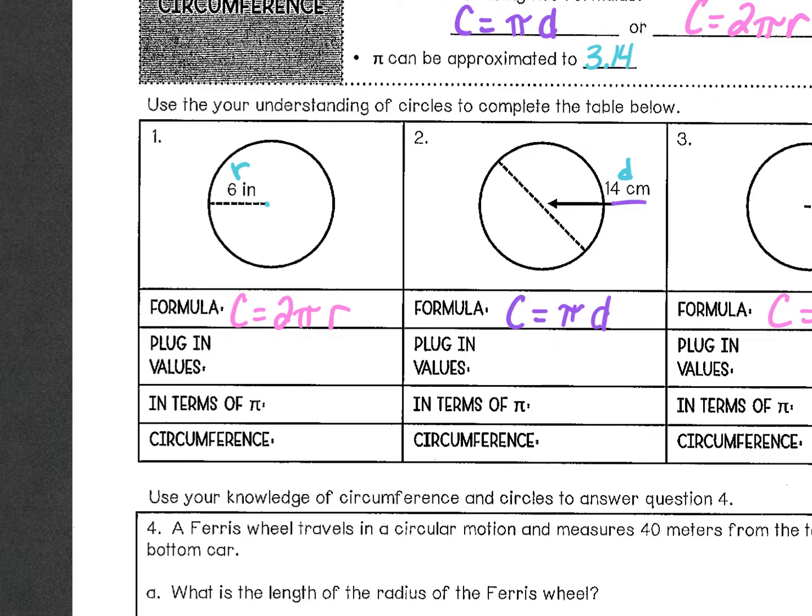All right, so C is equal to 2 times 3.14 for pi. For pi here, we're always going to use 3.14 in 7th grade. Occasionally directions will tell you otherwise, just read them. My radius here is 6, so then times 6.